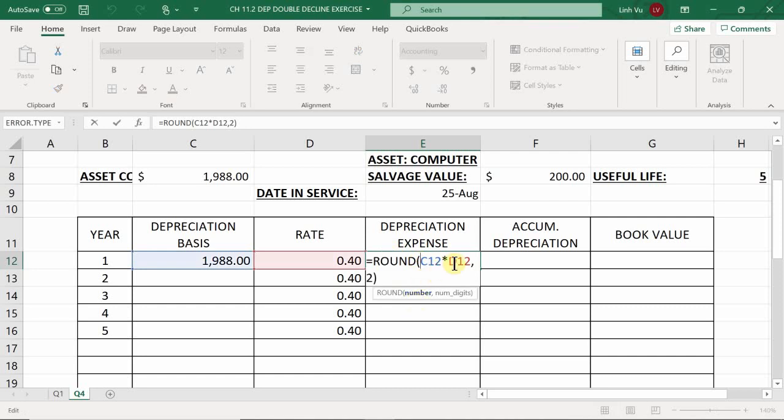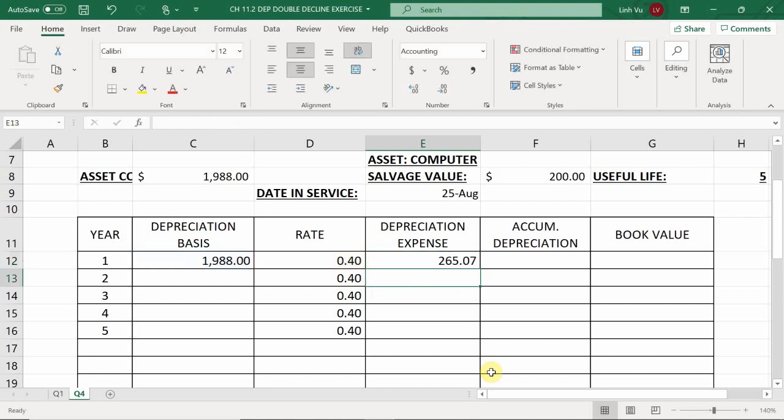So I do need to multiply by 4 and divide by 12, because that's how many months I used it. Only 4 months out of 12 gives me a total of 265.07. So good.